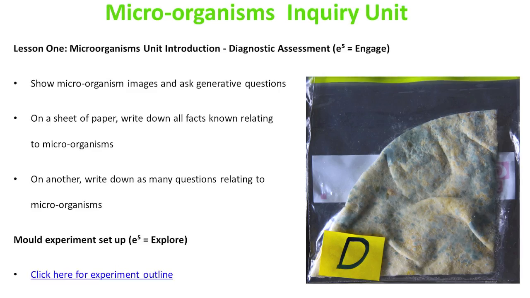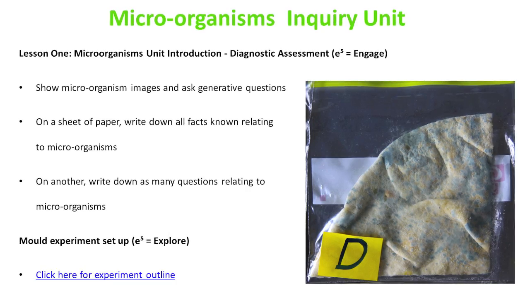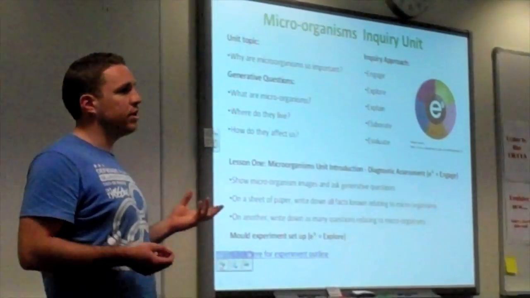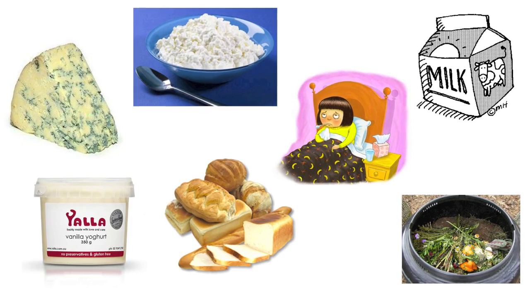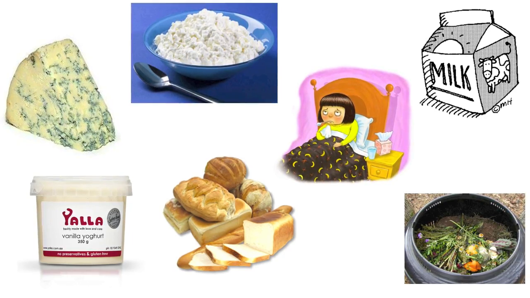The first lesson is to show students microorganism images and ask generative questions. For example, the images that I would show them are things like cheese, compost heaps, yogurt, bread, those sorts of things.